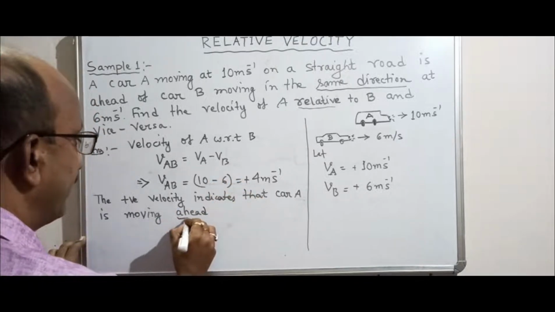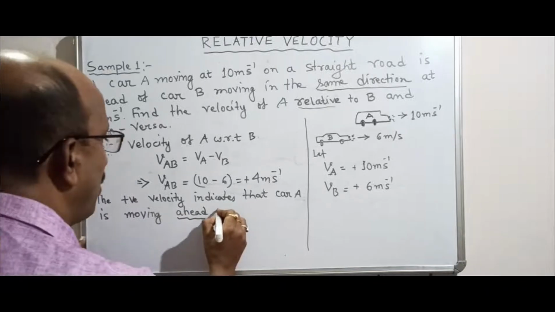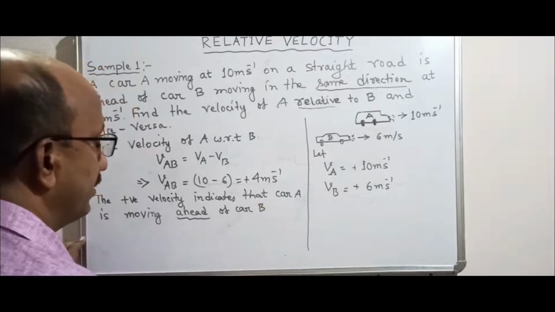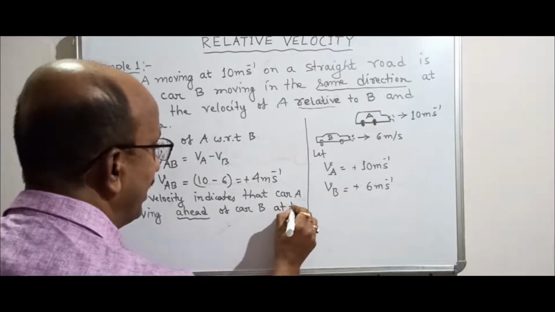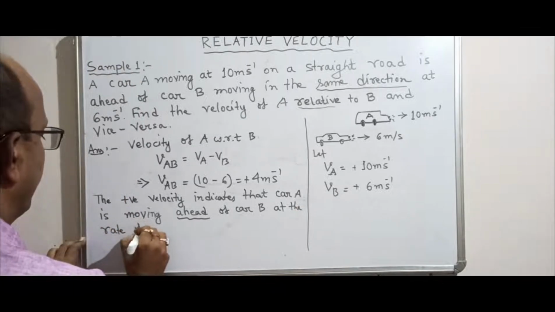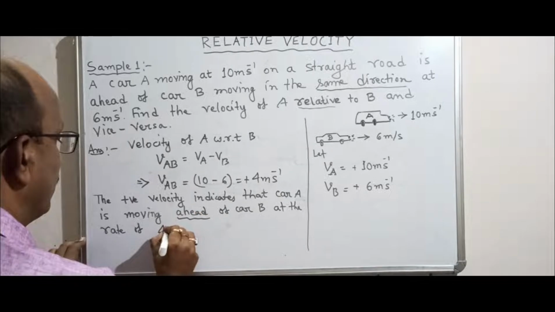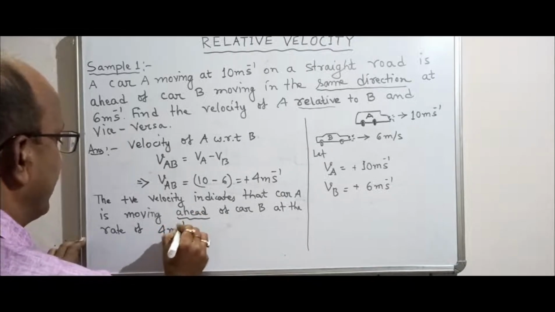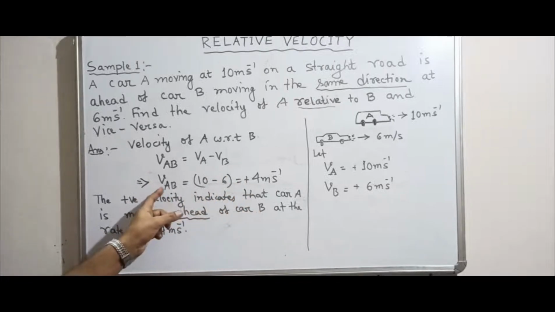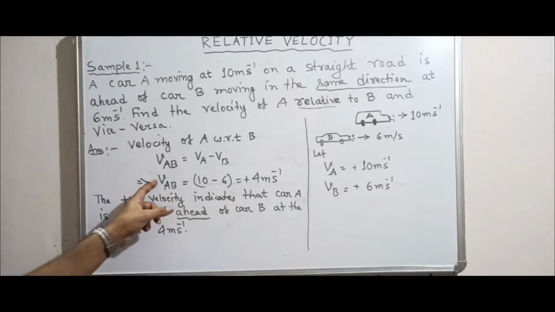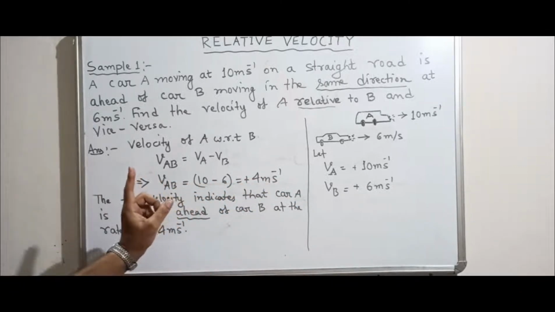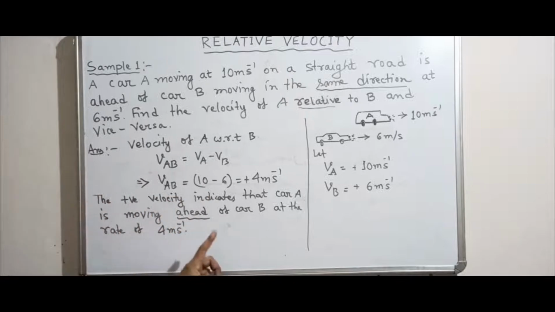Positive means ahead of car B at the rate of 4 meter per second. So once you find the answer, velocity of A with respect to B or velocity of A relative to B, answer is 4 meter per second. And here, after finding the answer, we write the interpretation like that.